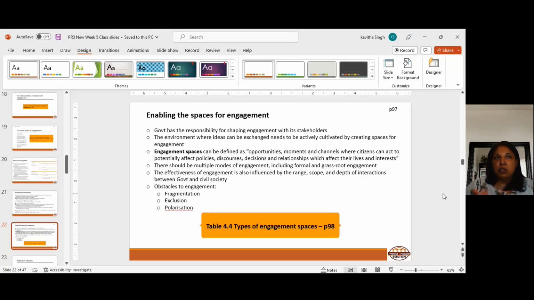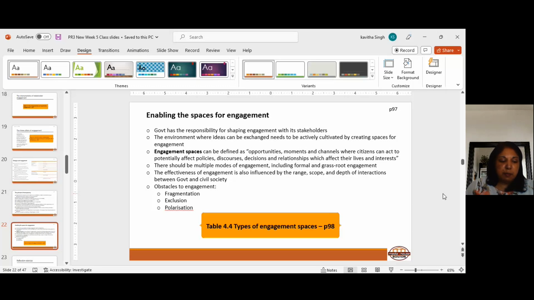If you take an example, we come back to the WITS student protests example, where there was an invitation for the leadership of WITS to meet with the minister to discuss this, and then further conversations with the student representative bodies that the students were part of and that represented the students.